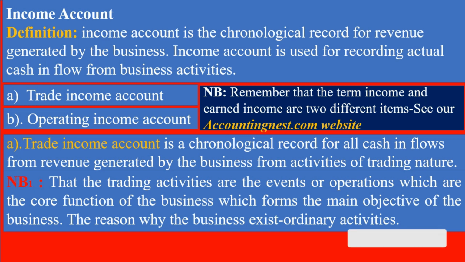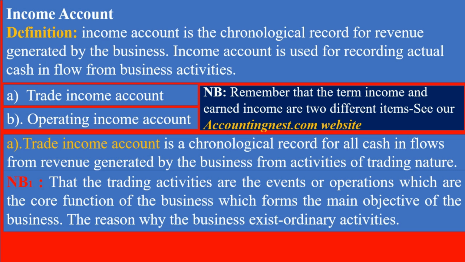So you need to note this. When we talk about trading activity, what do we mean? That is, the trading activities are the events or operations which are the core functions of the business, which form the main objectives of the business. Now, the reason why the business actually exists.